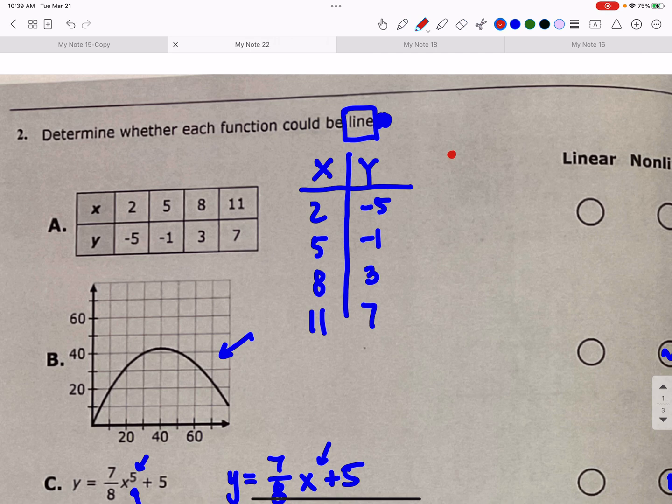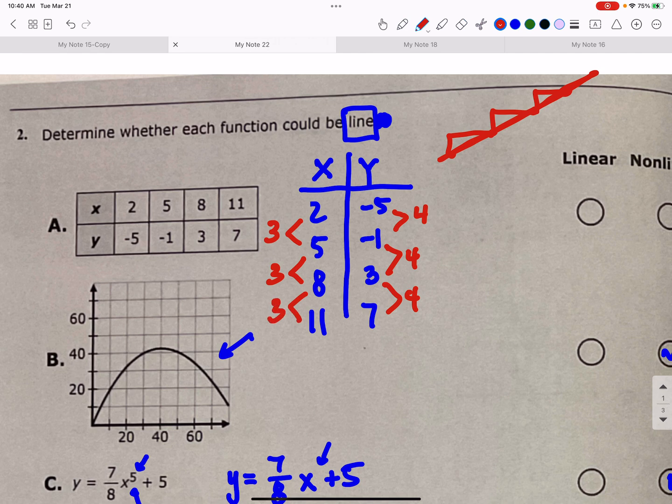So if it goes up 4 over 3, up 4 over 3, up 4 over 3, it's always the same slope everywhere. So we have to see, if this is a straight line, no matter where I check, I should get the same slope. So this is up 4 over 3. That's why I said it. Up 4 over 3. Same slope. Up 4 over 3. Good. So this is a straight line.